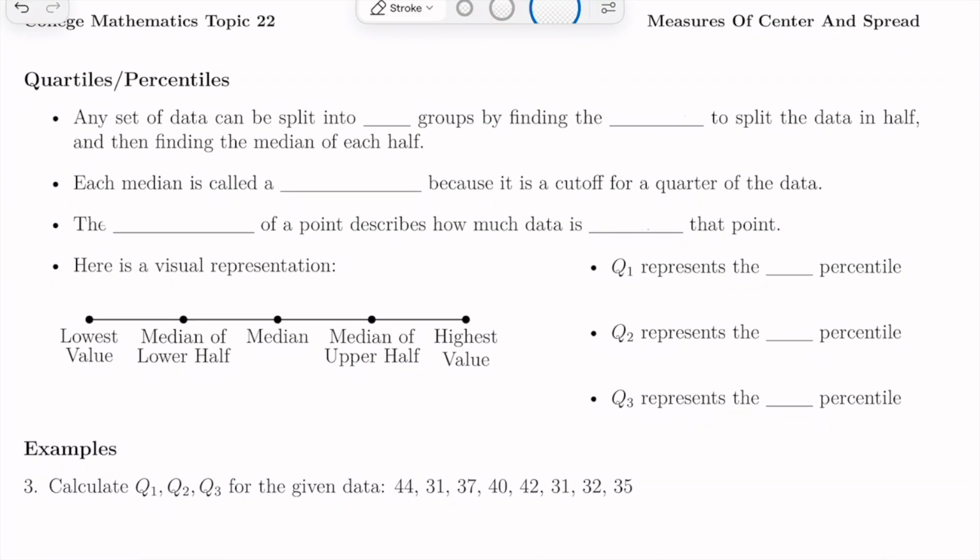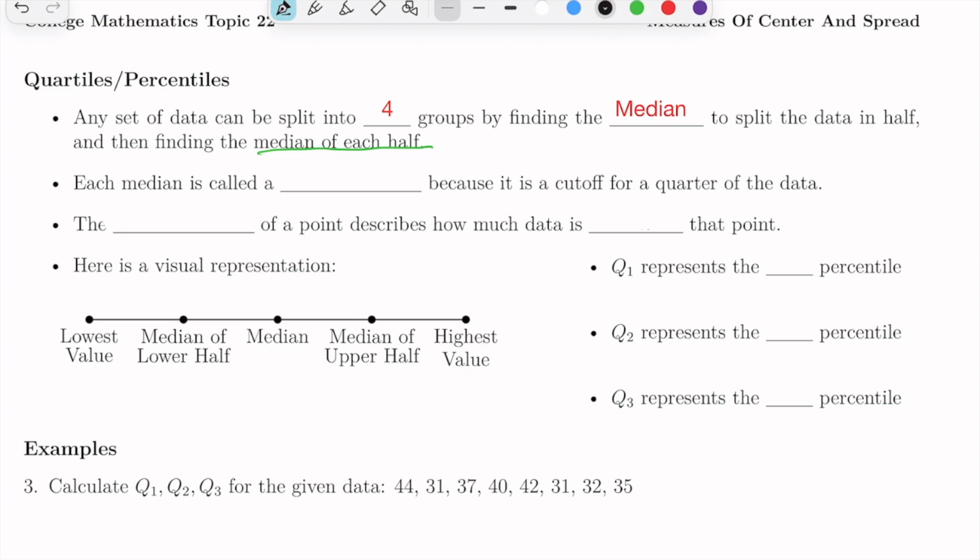The next thing we're going to talk about involves the median, and that's that any data set, we can split up into 4 groups by first finding the median, and then you find the median of each half. So that should kind of make sense.